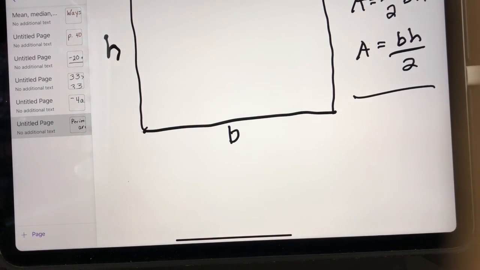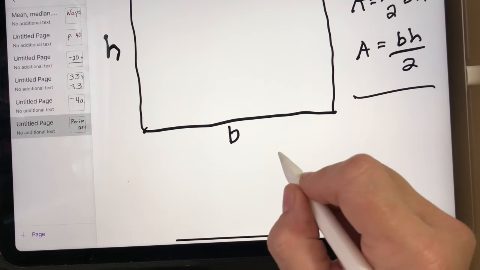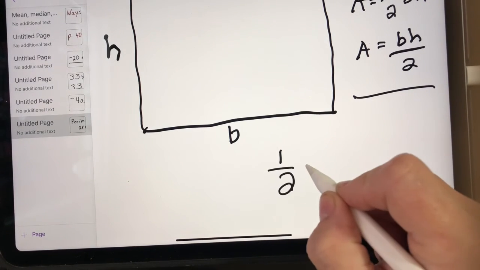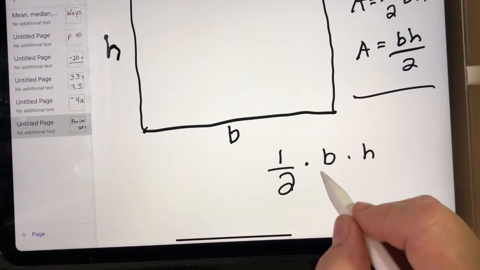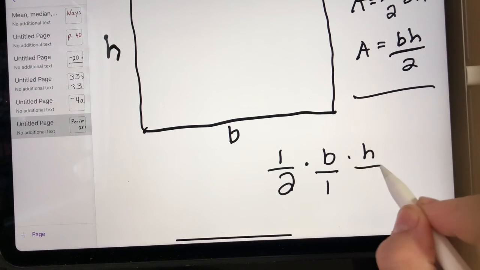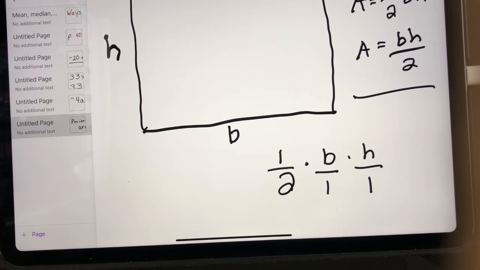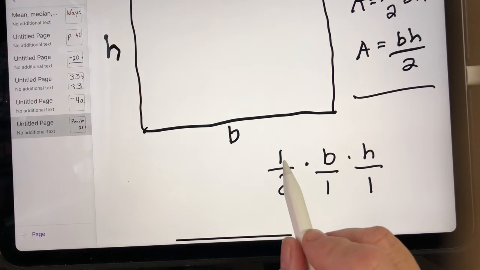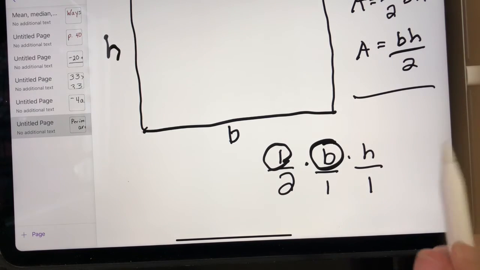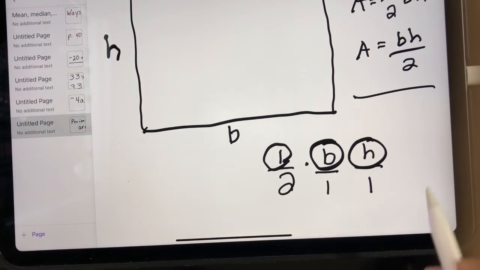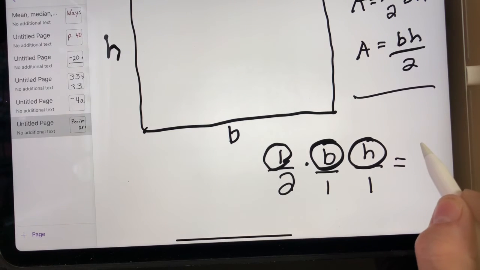If I do 1/2 times base times height, isn't that this? Now, I'm going to multiply all these things on top. I'm going to multiply 1 times base times height. What will that give me?